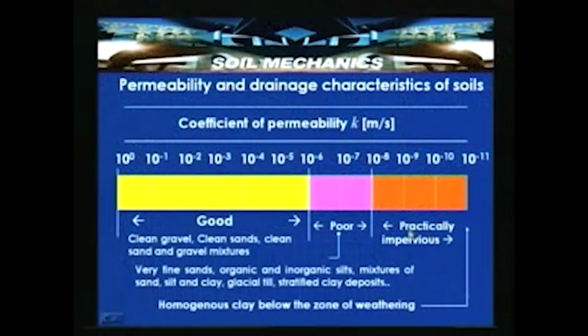Homogeneous clay below the zone of weathering can have permeability in the range of 10 to the power of minus 8 to 10 to the power of minus 11 meter per second, and this can be a practically impervious material from the drainage point of view.